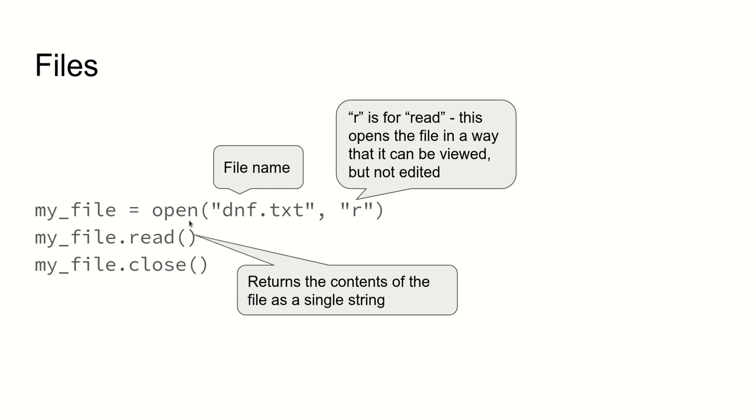This will actually give you the entire contents of the file. So I told you that if you treat a file as a sequence, you'll get it line by line, but the read function will give you the entire file all as one long string or short string, depending on whether the file is short or long, but one string.